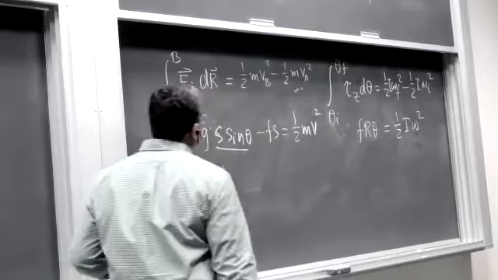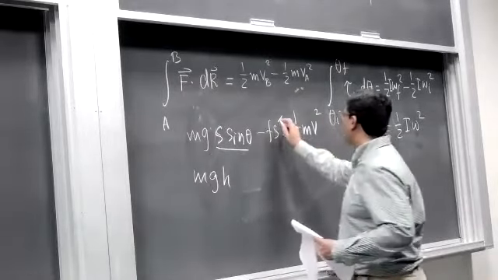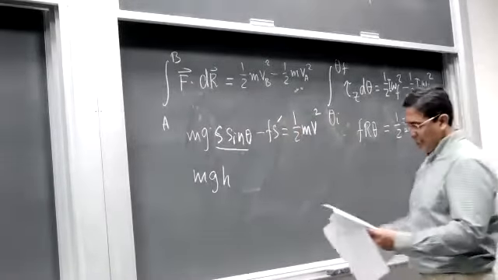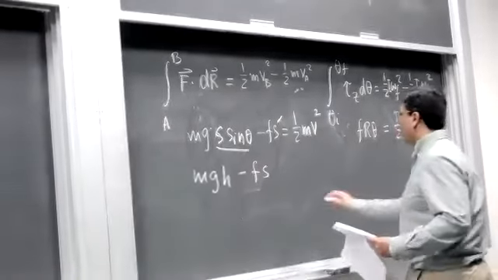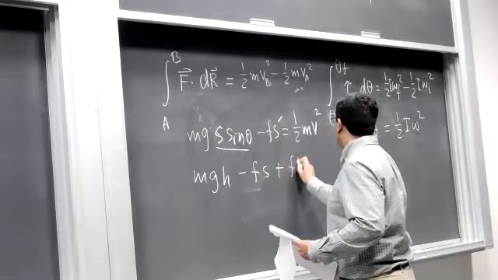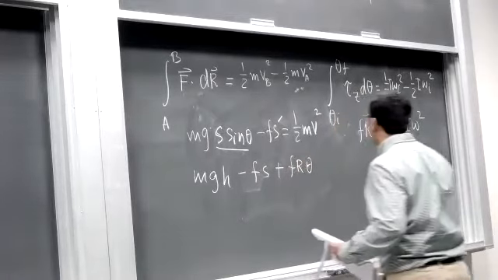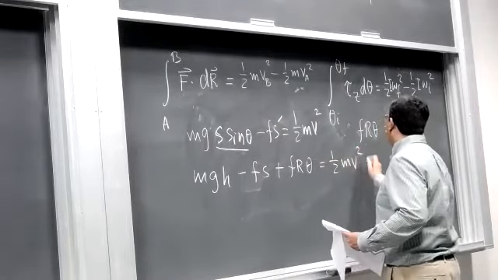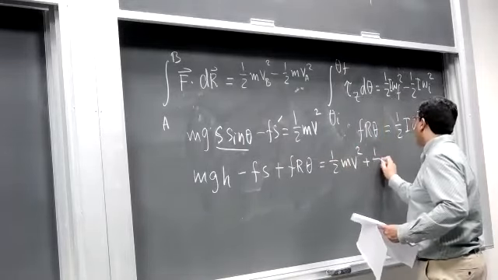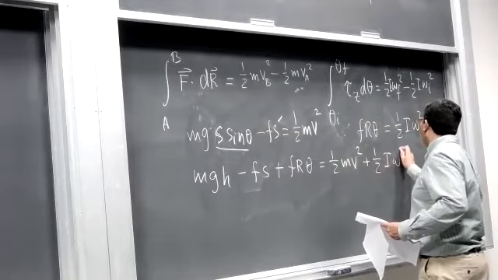One is S prime and the other is S. Yes, sorry, both S are still different. Okay, mgh minus fs plus f r theta equals half mv square plus half I omega square.